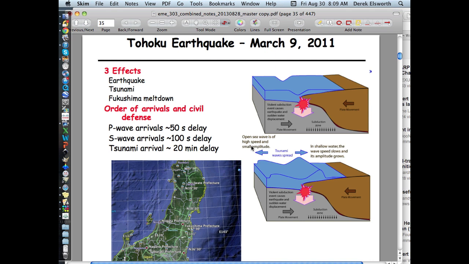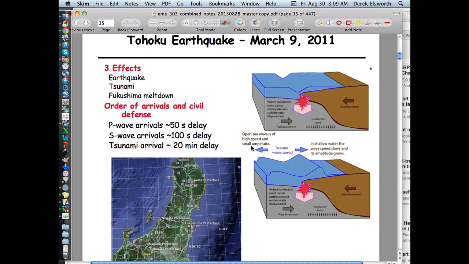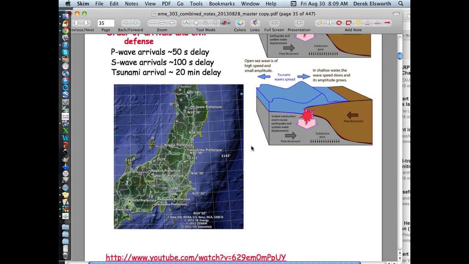And so many of you will know, certainly in your lifetime, 2.5 years ago, March 9th, 2011, there was a very large earthquake off the east coast of Japan, the Tohoku earthquake. The reason for the earthquake was that the trench here is the location where Japan is on one side, and the Pacific plate on the other side dips underneath it.